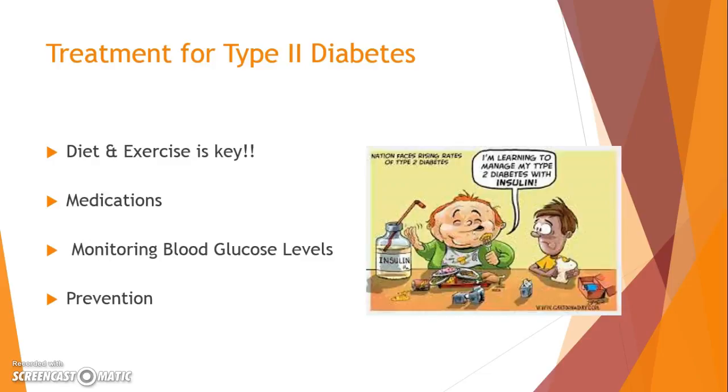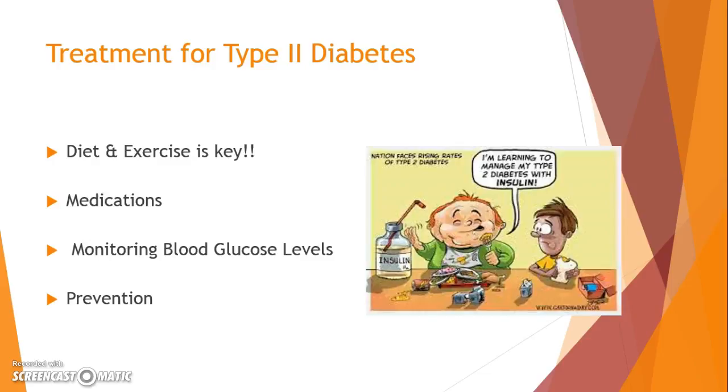Treatment for type 2 diabetes. A lot of people can, I like the cartoon, a lot of people can manage their symptoms with diet and exercise, maintaining how much sugar they consume so that their body can utilize the insulin that it has. Medications, I know metformin is a great medication out there that helps people manage their symptoms.